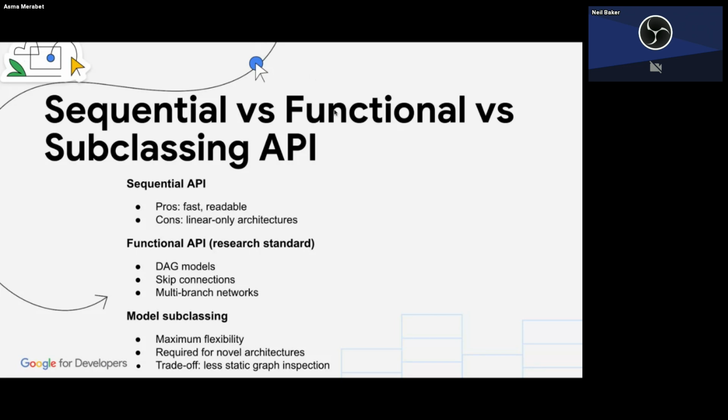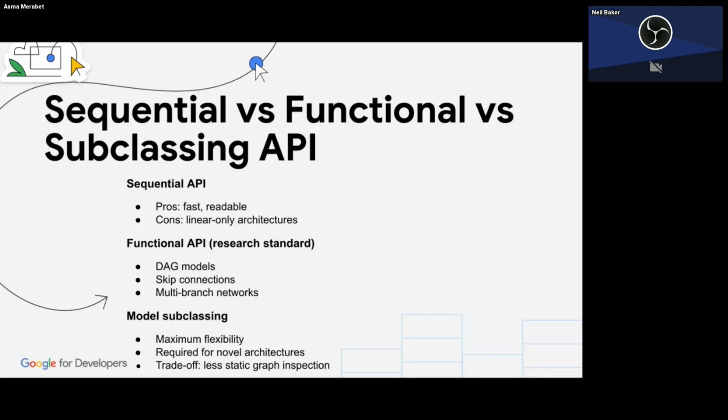The first one is the sequential API. It's fast to write and easy to read, and it's perfect for simple linear architectures. So it's only for basic or simple tasks, and it only works for sequential architectures. What does this mean?